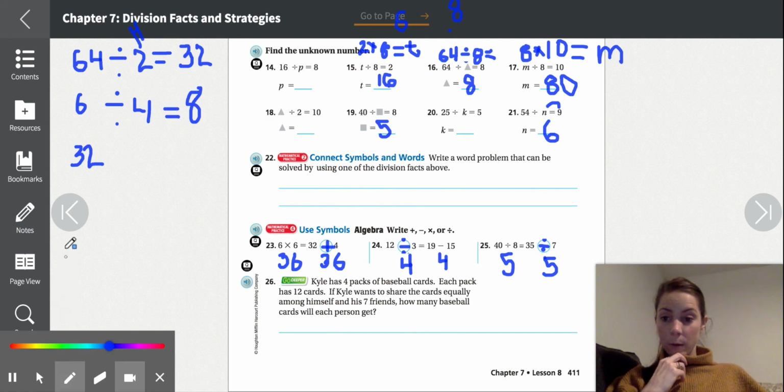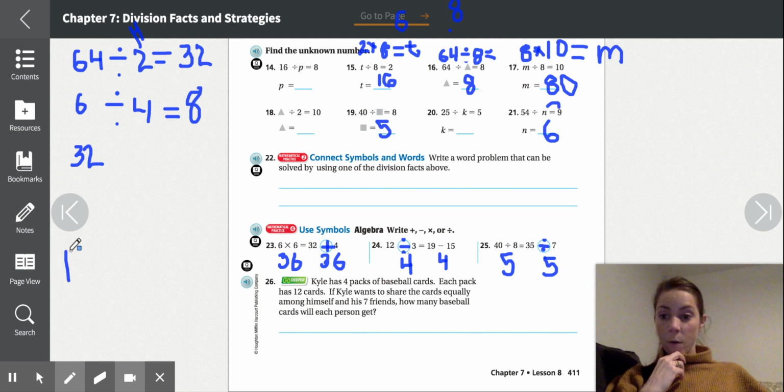I'm gonna do a little bar model here to start. 4 packs would look like this. And each pack has 12.